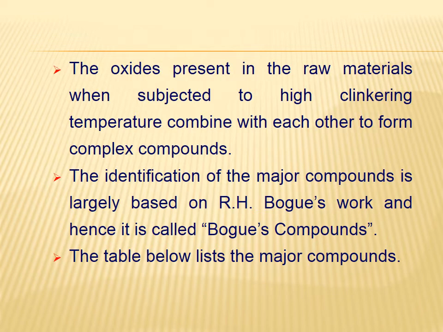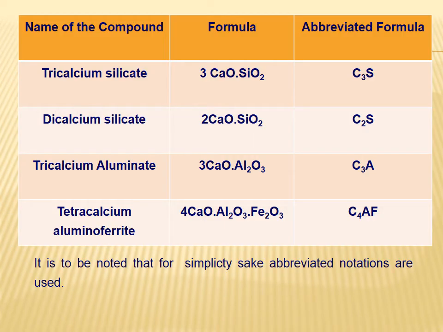The oxides react with each other and chemical compounds are formed. They are called Bogue's compounds since they were identified by R.H. Bogue. These are the four Bogue's compounds: tricalcium silicate, dicalcium silicate, tricalcium aluminate, and tetracalcium aluminoferrite.